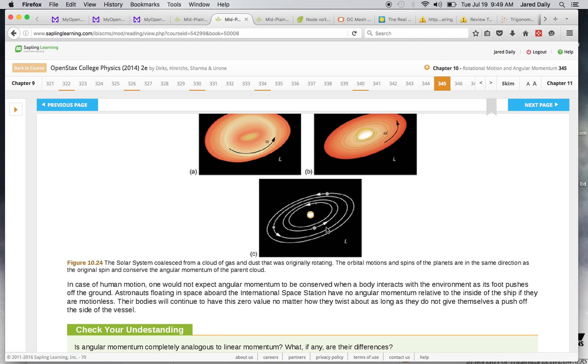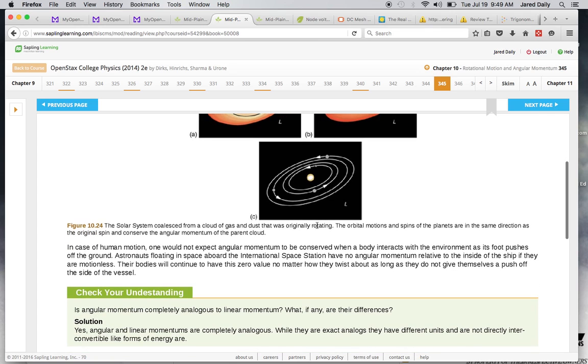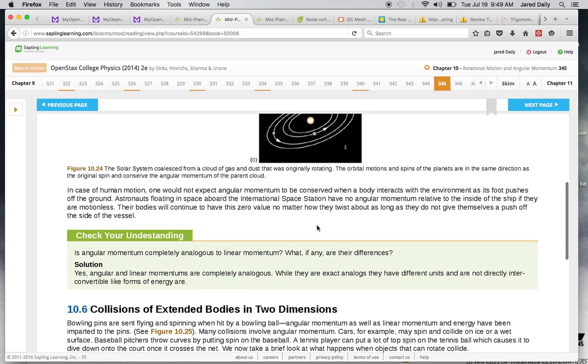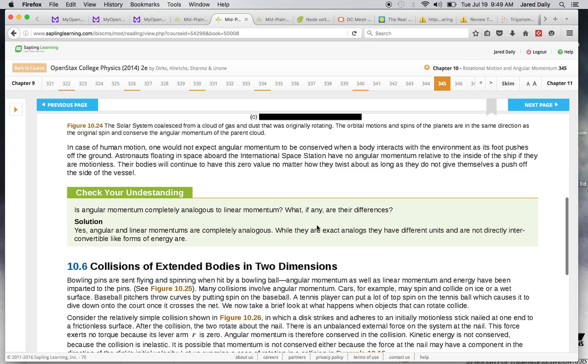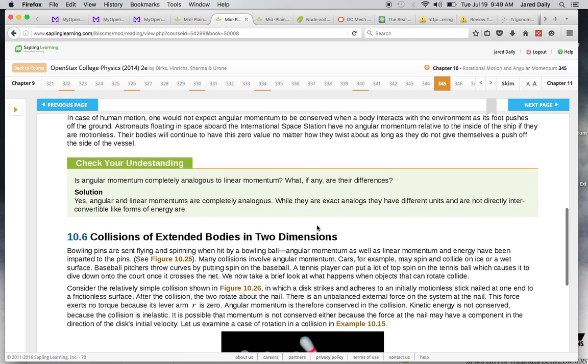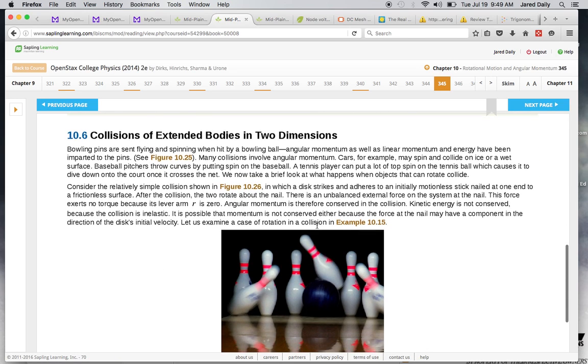So it slows down as it forms into a sun. So initial kinetic energy higher, final kinetic energy lower, as those planets form and the sun forms. So a little bit different than the skater. In fact, the opposite of the skater.